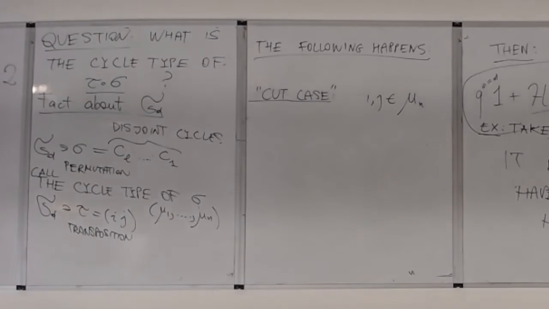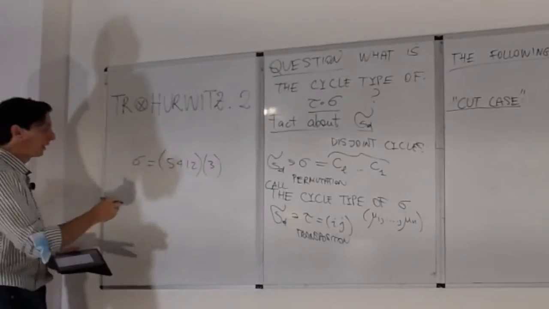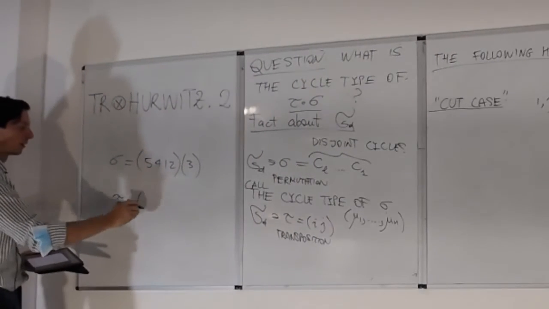Could we just make an example? Yes. Take a permutation, split it in cycles, and take i and j. Take sigma equal to (5 4 1 2 3) and take tau equal to (4 2).